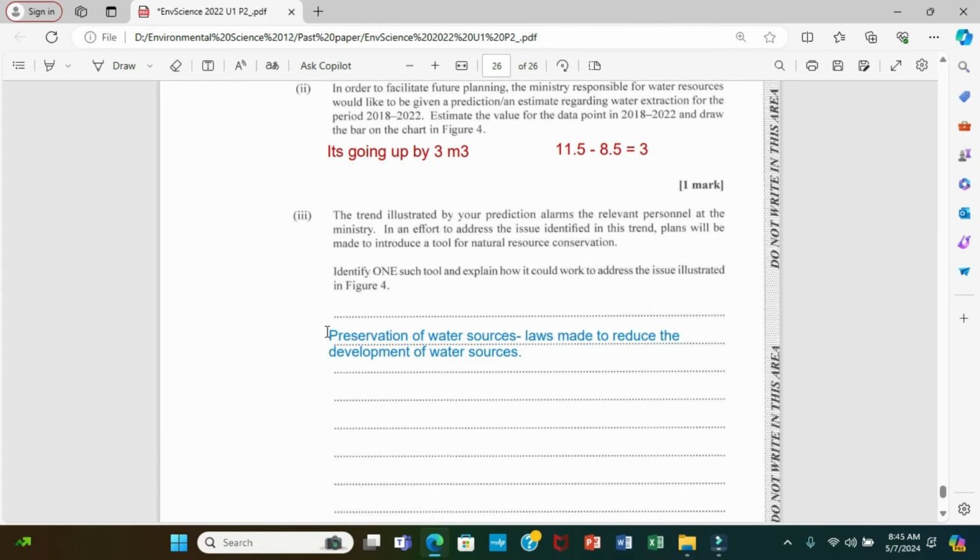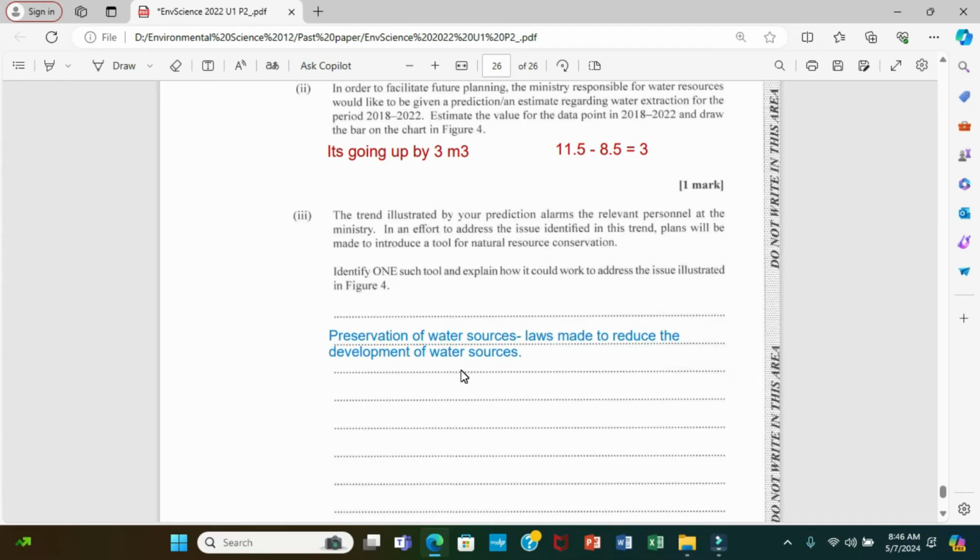Right? So these water sources, they could pass laws to reduce the development of these water sources. When they pass laws to reduce the development of these water sources, these companies cannot come and extract too much water from them. They will stop them. So they would have to use their present water sources to produce water.